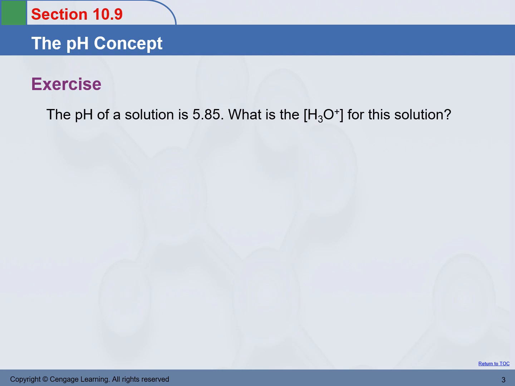Another exercise, the pH of the solution is given. What is the hydronium ion concentration? All right, hydronium ion concentration equals 10 to the power of negative pH, which is 10 to the power of negative 5.85. You plug those numbers into your calculator, you get a number in scientific notation.